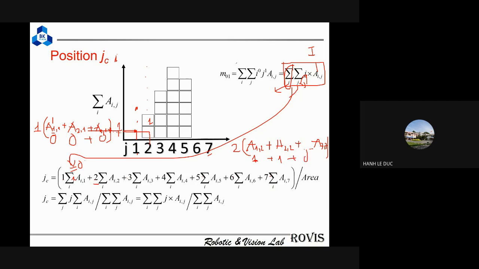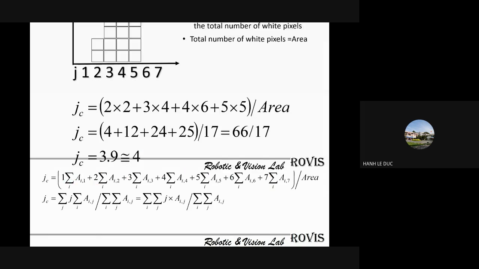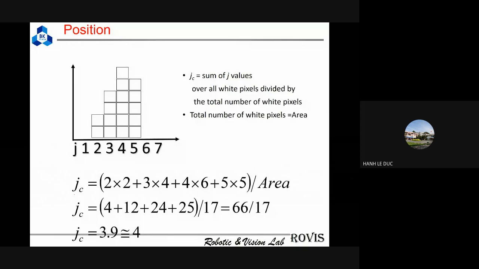So what is the result of this one? This one is 4. And then we have the result here. This is M01, the first is 4.